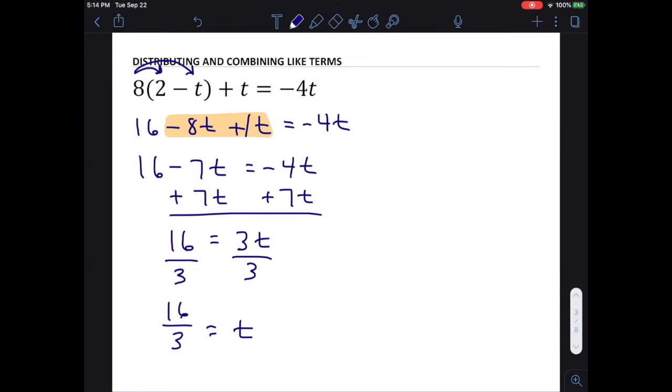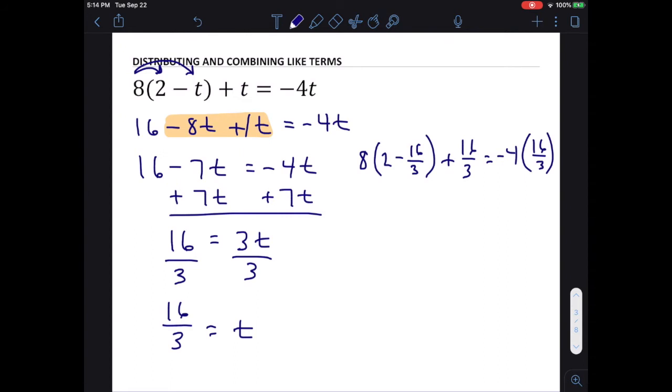So we're going to say, all right, we have 8 times 2 minus 16 thirds plus 16 thirds equals -4 times 16 thirds. Oof, this is going to be fun. All right. How should we do this?